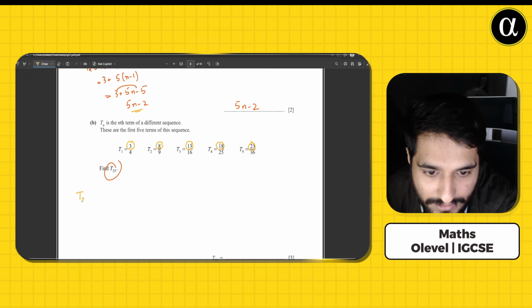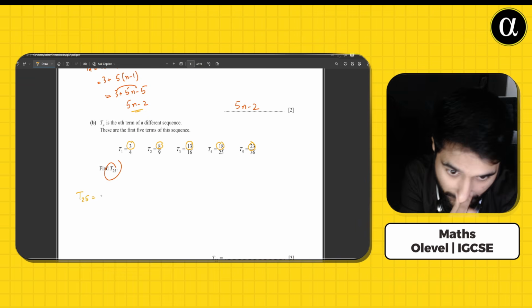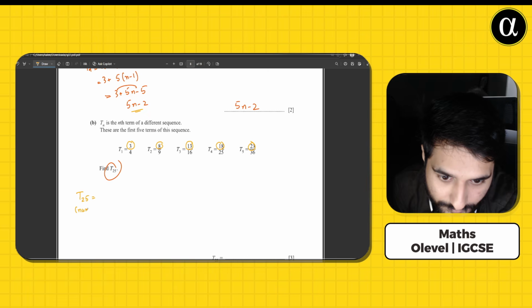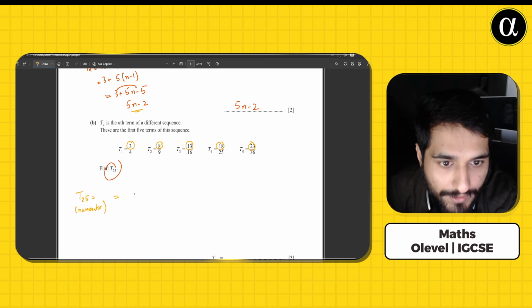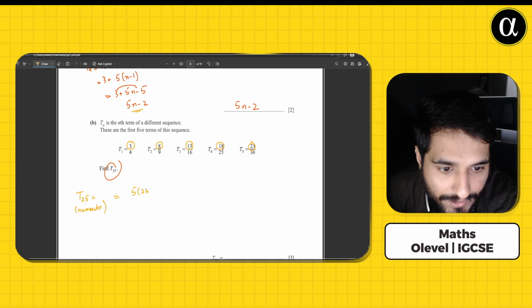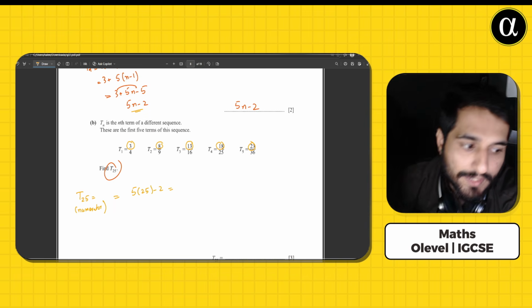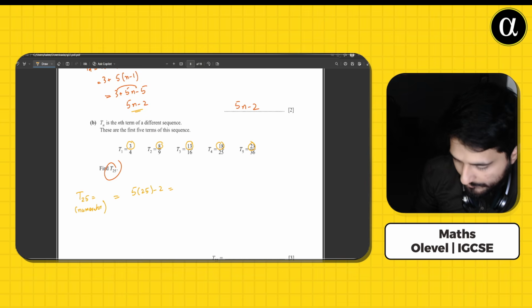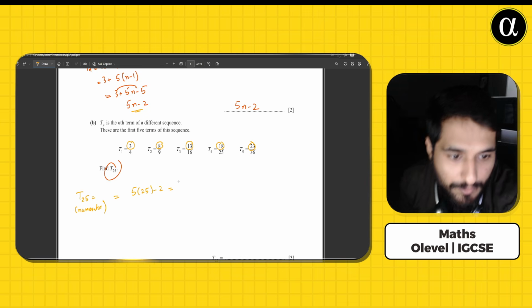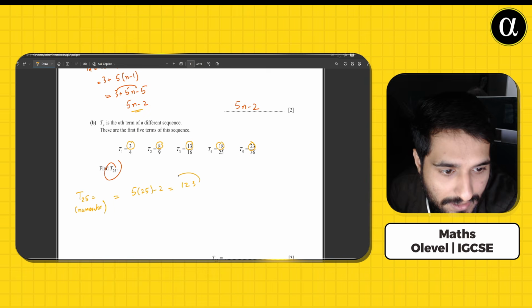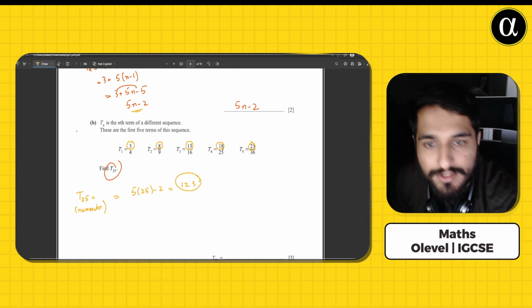So T of 25 for the numerator would be 5 times 25 minus 2, and this should give me 123 as the answer. Keep in mind, this is just the numerator.